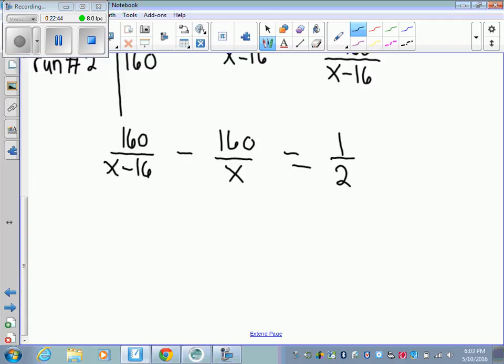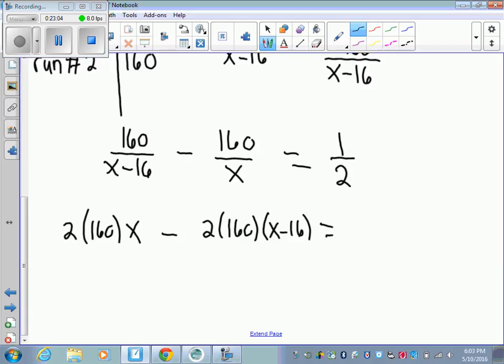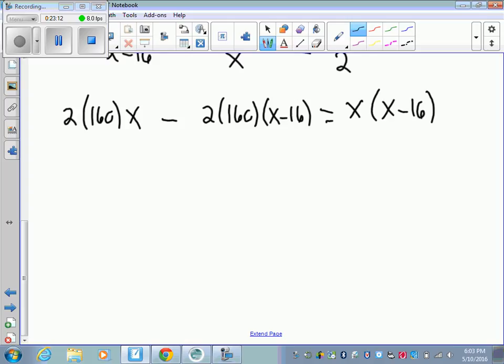So again, just like the Flin-Flon problem, we would find the common denominator. This piece is missing a 2 and an X. And this piece is missing the 2 and the X minus 16. This one is missing the X and the X minus 16. All right, so when we figure this out, 2 times 160 is going to give us 320X. And again, that's going to be 320X. I'm going to use a subtraction sign here.